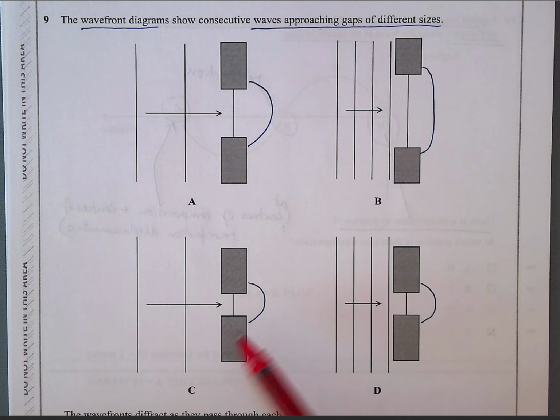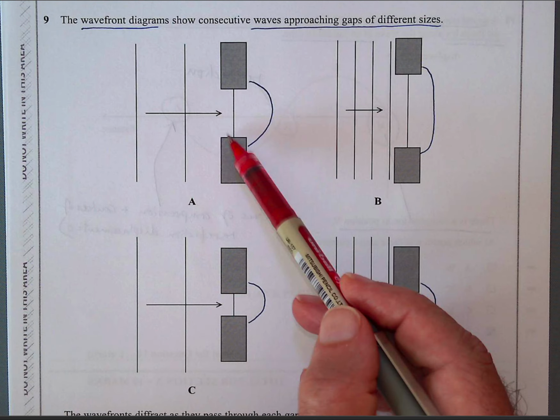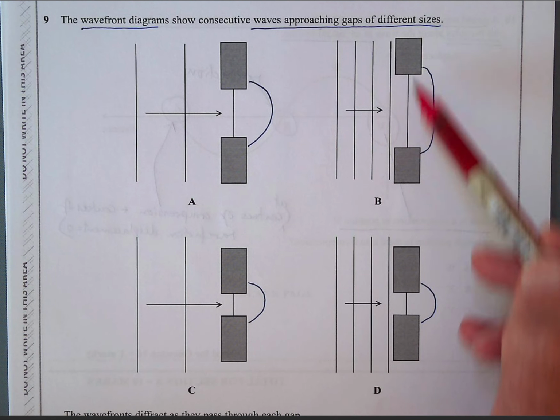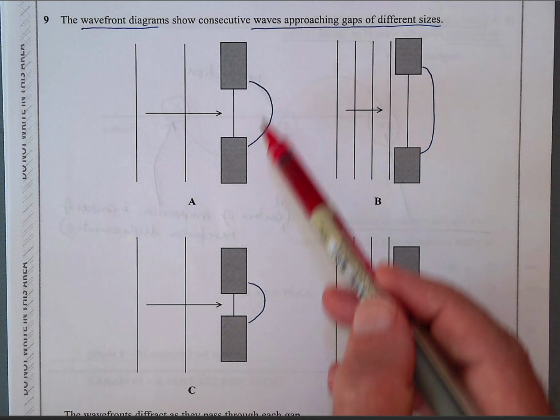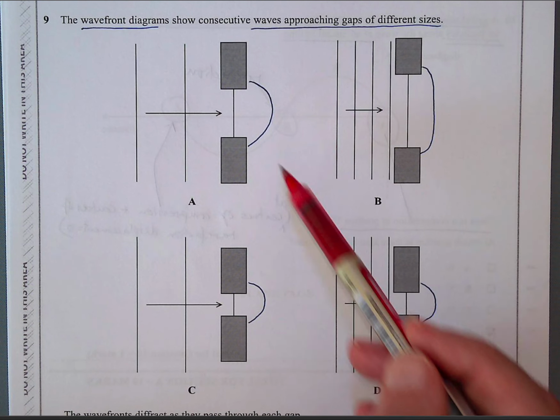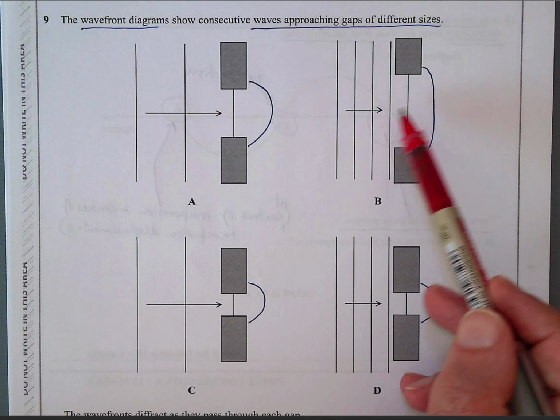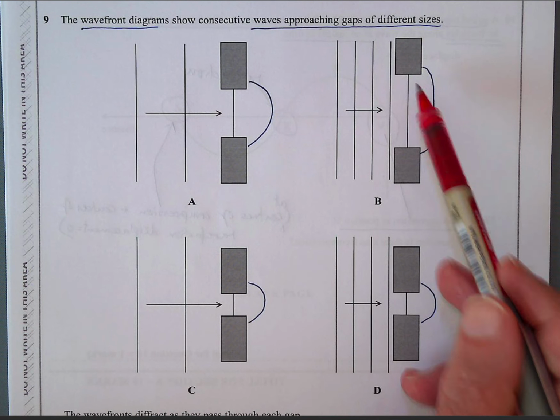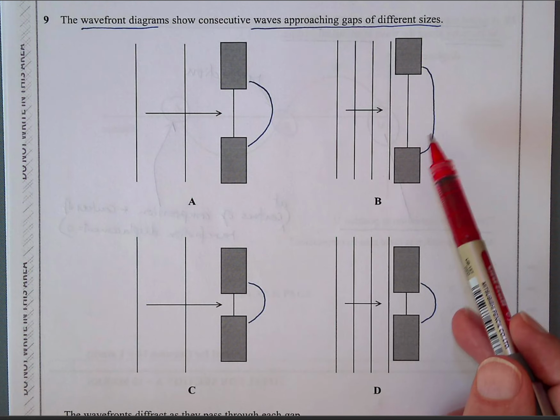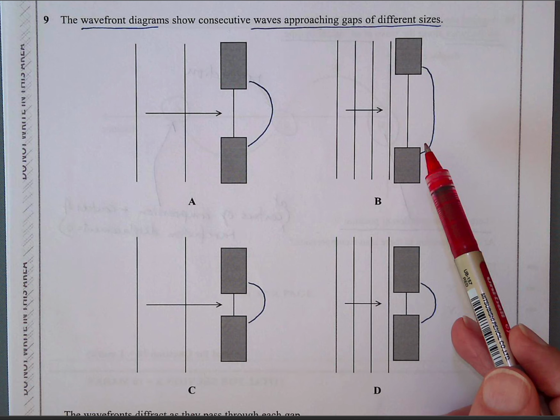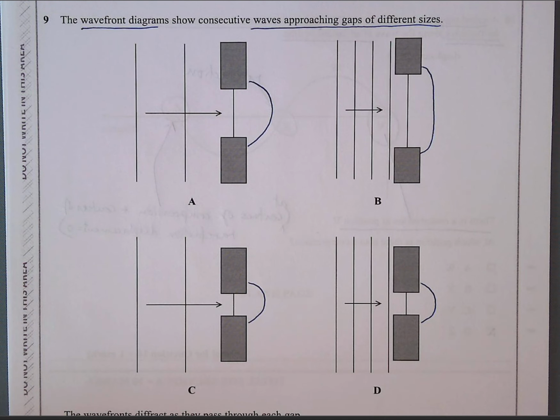When the wavelength corresponds closely with the spacing of the gap, then it will have more diffraction. When the wavelength is not of a similar size to the gap, then the diffraction is limited. That's basically the knowledge you need to have.